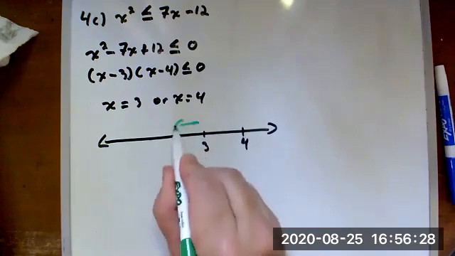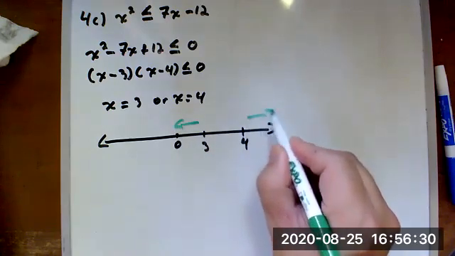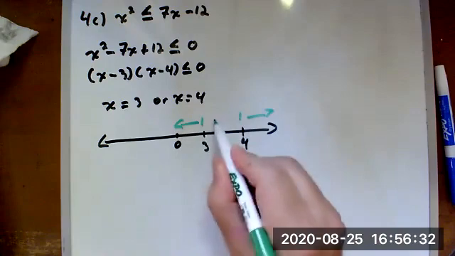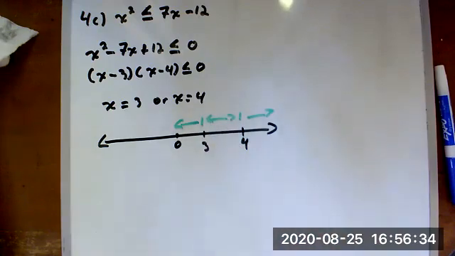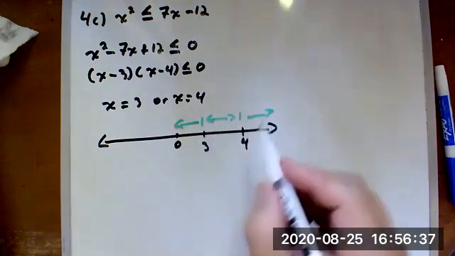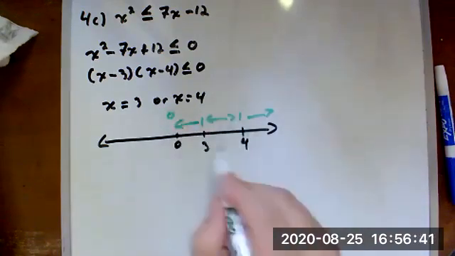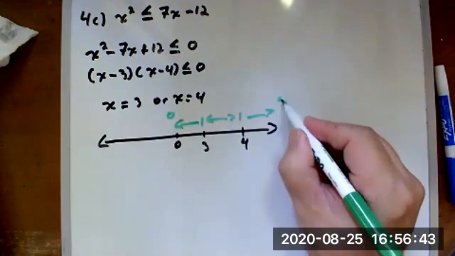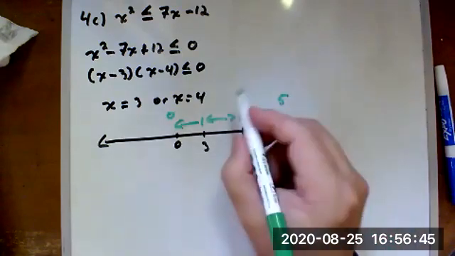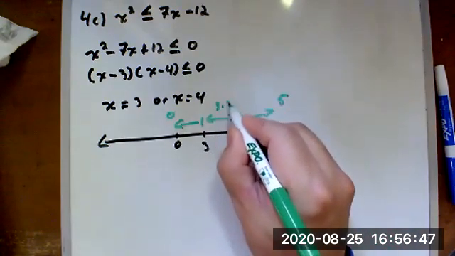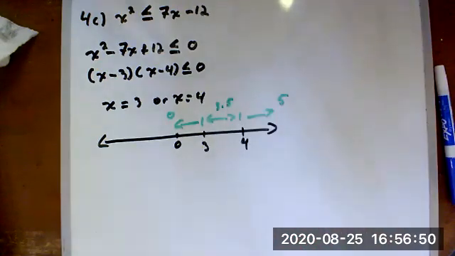And I need to know less than 3, greater than 4, and between 3 and 4. So for less than 3, I'm going to go ahead and use 0. For greater than 4, I'm going to use 5. And for between 3 and 4, I'm going to use 3.5 as the obvious one.